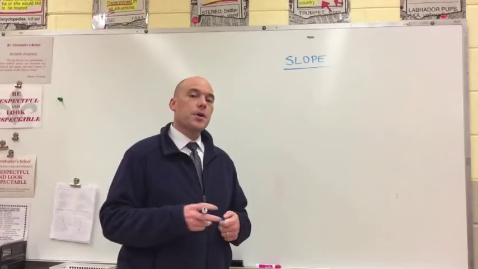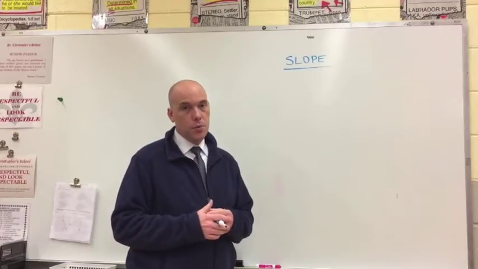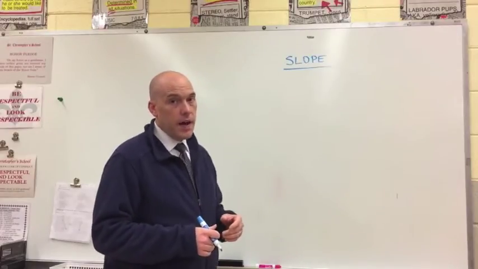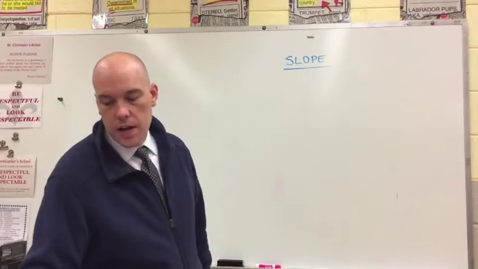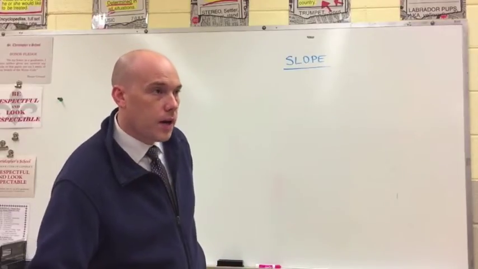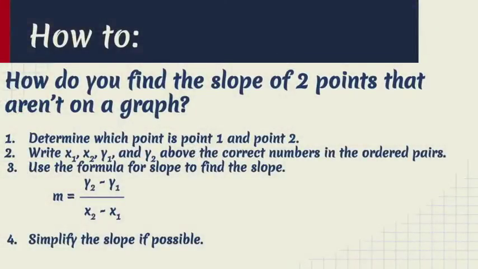Now, the formula that we're going to use for finding the slope of 2 points is going to be in the how-to section. So I'm going to go ahead and show you that now, and then we'll talk through how to actually find it. So how do you find the slope of 2 points that aren't on a graph? The first step is to determine which point is point 1 and point 2.